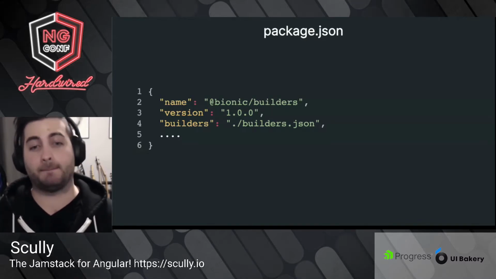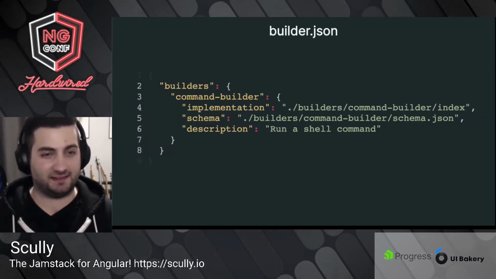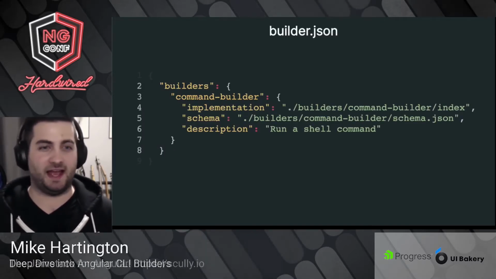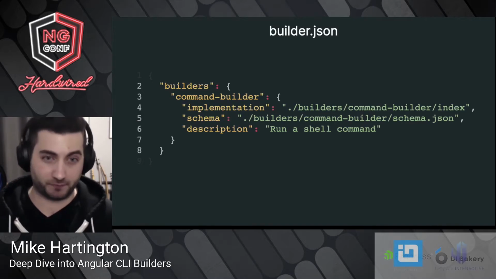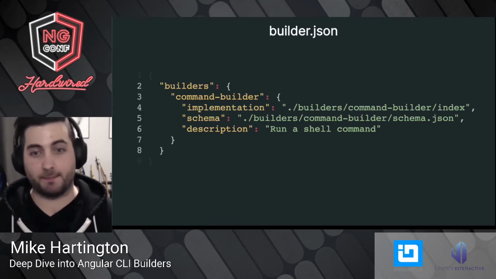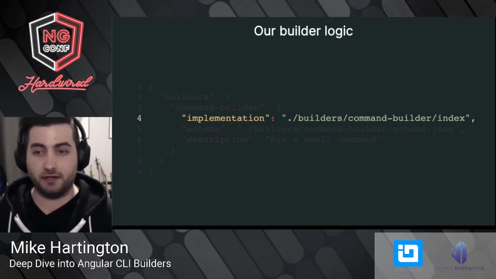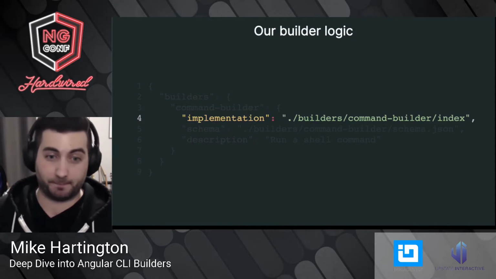Now, inside of our builders.json file, we are going to create a list of different builders. So here we have builders as a key, and inside of that, it has a list of other builders that we can work with. So for instance, this is our command builder. Here is the implementation for it. So this is what gets executed when we call the builder.